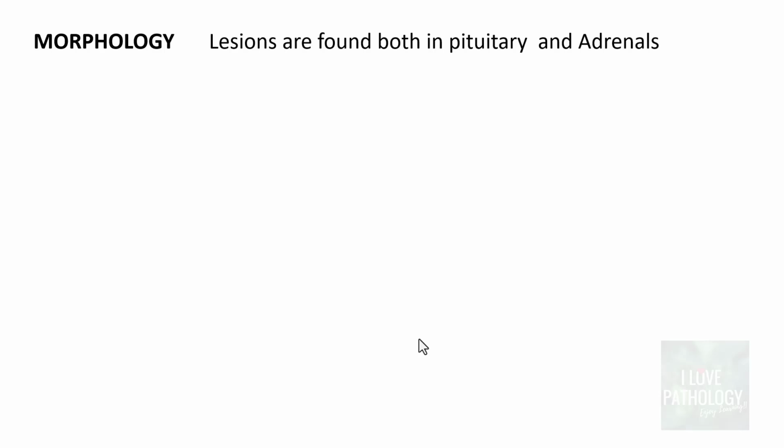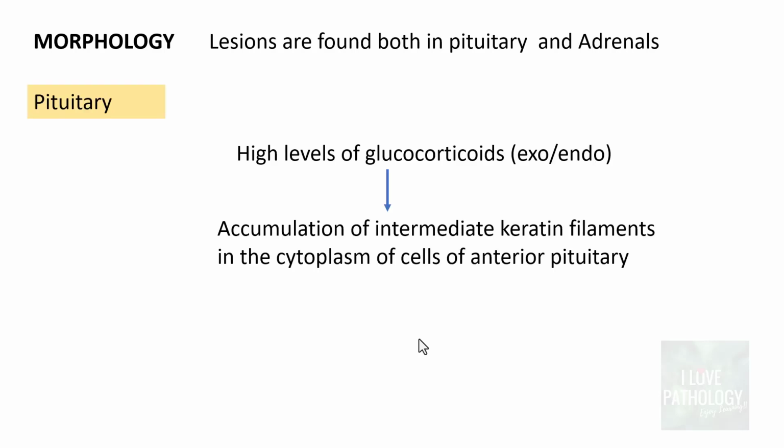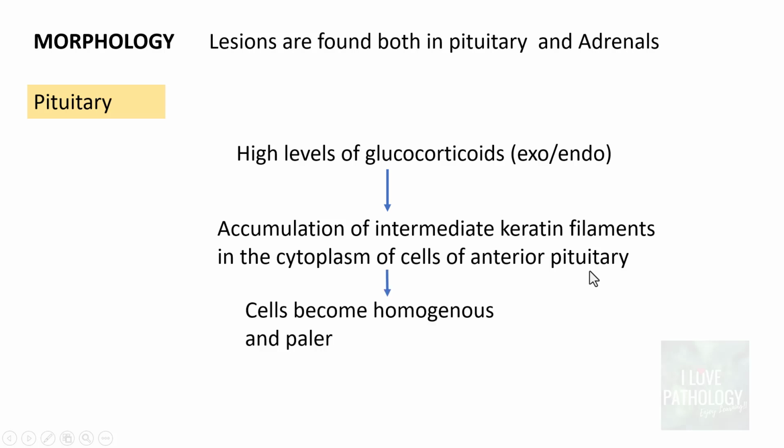The morphological features of Cushing's syndrome. See, irrespective of the cause, the lesions are found both in the pituitary as well as the adrenal gland. Right? So in the pituitary, what really happens because of high levels of glucocorticoids, whether it is an exogenous cause or an endogenous cause, whether it is ACTH dependent or independent, doesn't make a difference. Excess amount of glucocorticoids in the serum leads to accumulation of intermediate keratin filaments in the cytoplasm of the cells of the anterior pituitary, right?